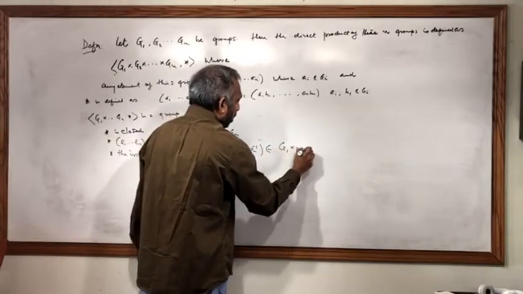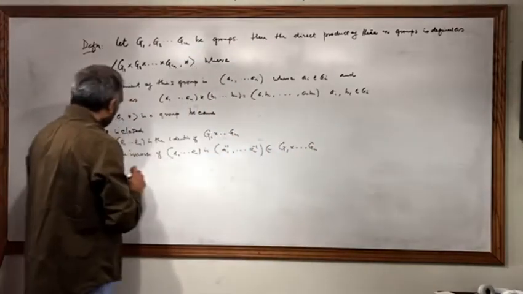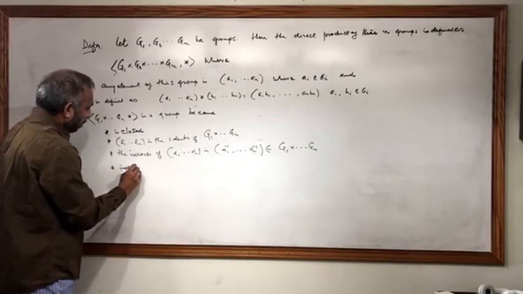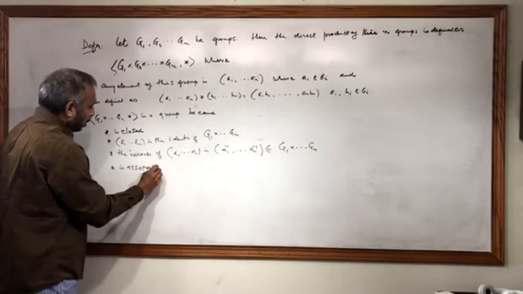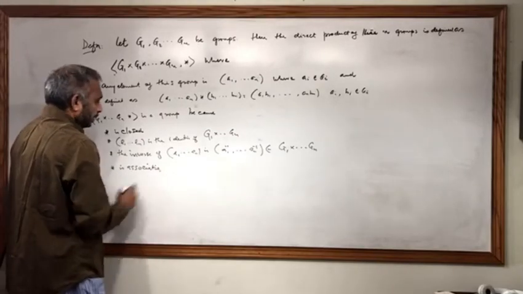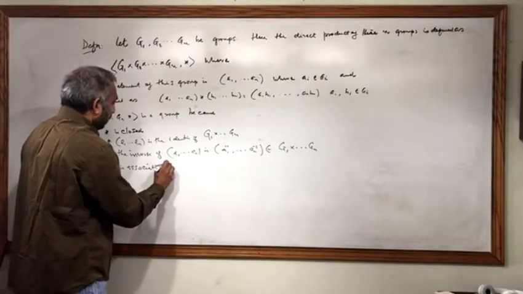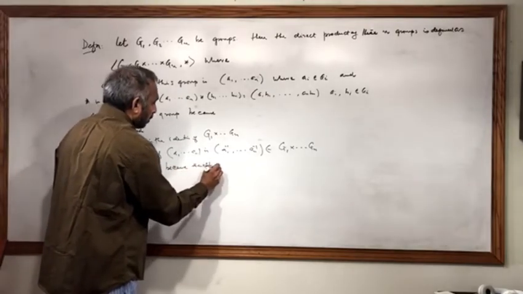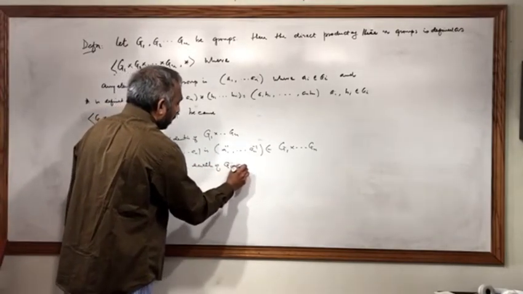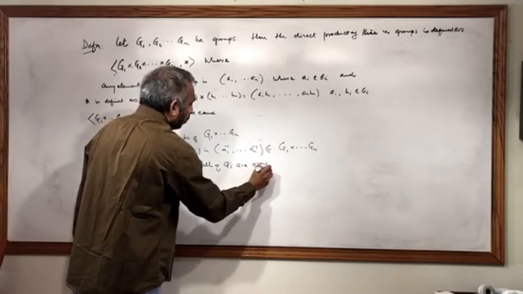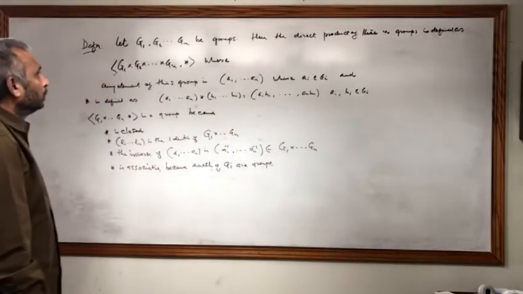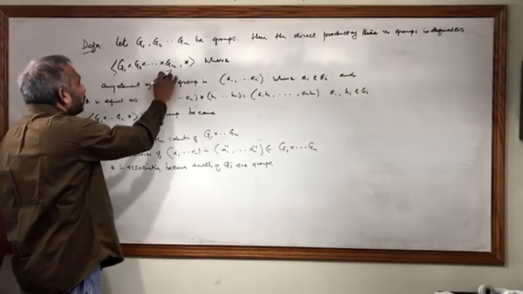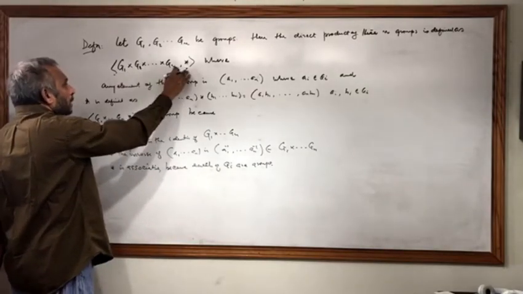This also belongs to G1 cross ... cross Gn, and star is associative, because each of the Gi are groups. So this is really a group, with this binary operation.